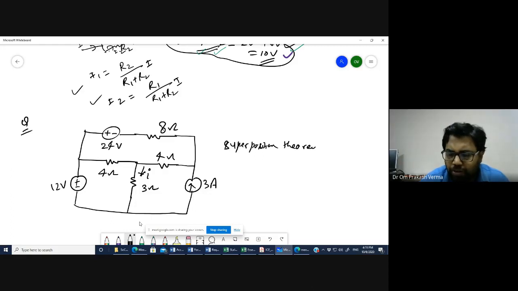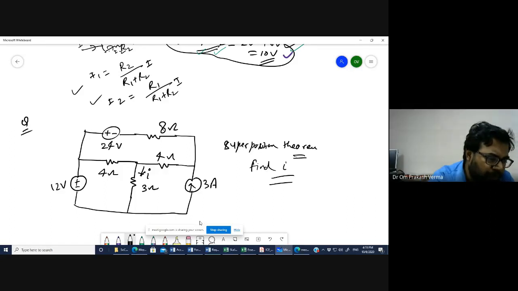Basically, this is a prerequisite, the theorems required for the circuit theory foundation. So with the help of superposition theorem, find the value of I. You have to do the same problem with the help of PSpice.